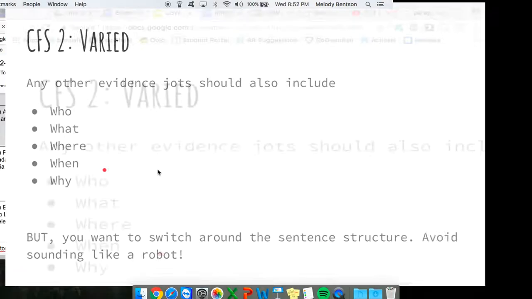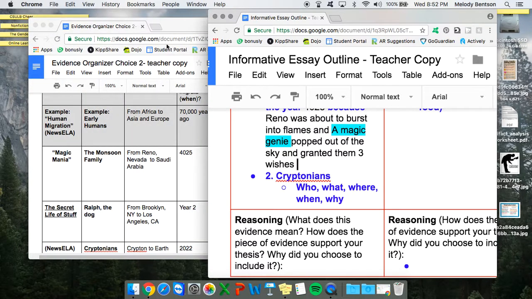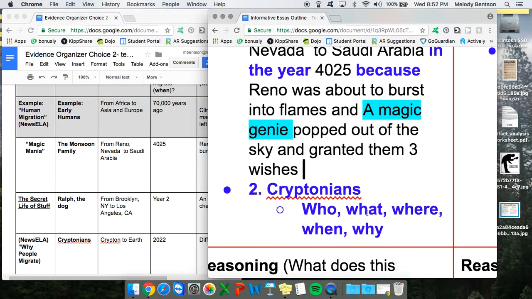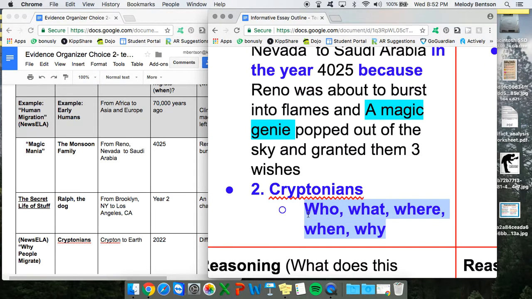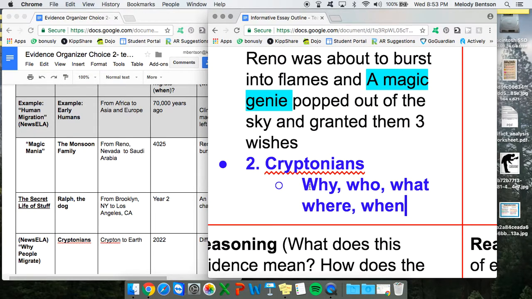So for my next piece of evidence, which is about the Kryptonians, instead of doing who, what, where, when, why again, I might move around the sentence structure to be the why, and then the what, the who, and the where, when. See, so I just kind of moved the who, what, where, when, why around.